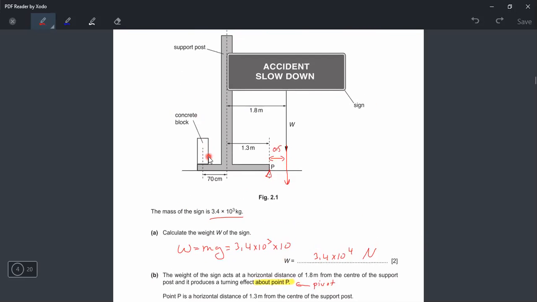The anti-clockwise moment of the concrete block is this. This is the weight of the block and this is the distance to the pivot. So 70 centimeters, which is 0.7 meters, by the way, and another 1.3. This gives us a total distance of 2 meters. So 1.3 plus 0.7 is 2.